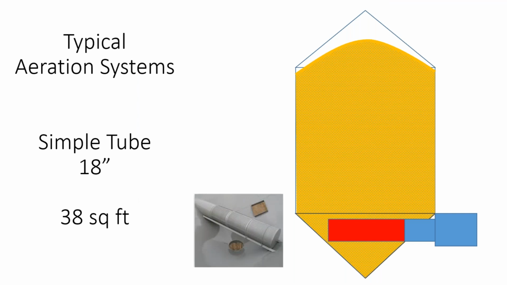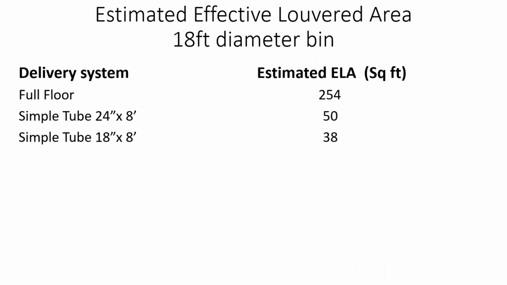I also did a simple aeration tube calculation for an 18-inch aeration duct, just to give you a feel how that reduces our square footage. You can see that calculates out at 38 square feet. And 18-inch ducting is very typical for the smaller bins, and it's also very common for 3-horse fans.